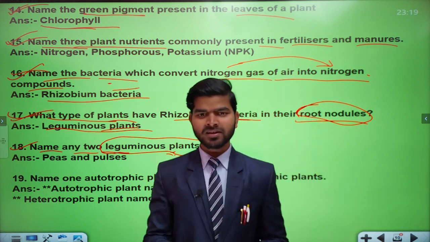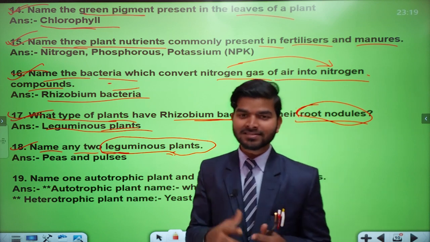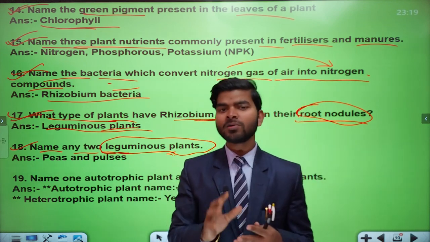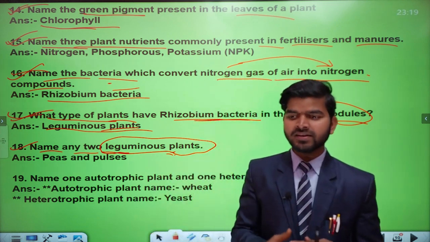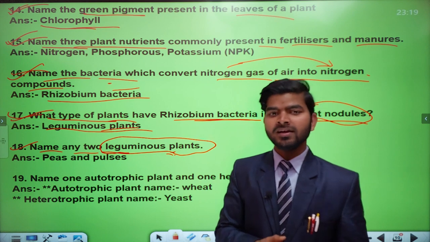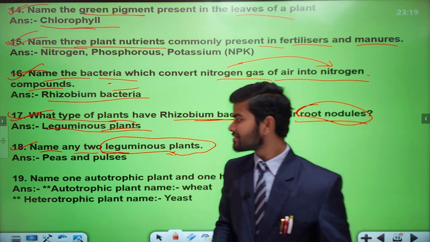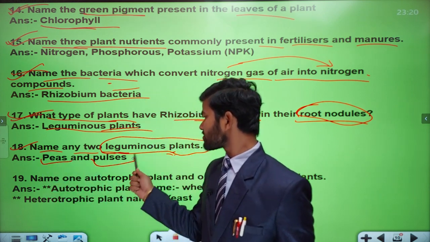I have given you the concept of leguminous crops, what leguminous crops are, and I have shared in written format as notes some more and different examples of this leguminous class. So the correct answer is peas as well as pulses.